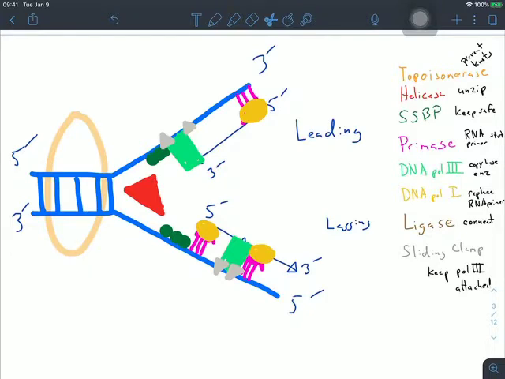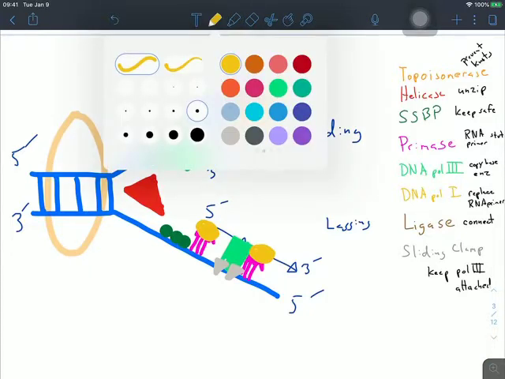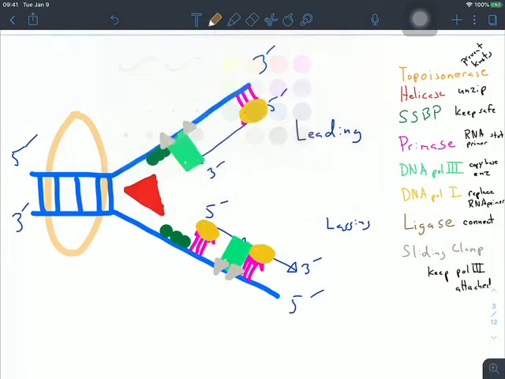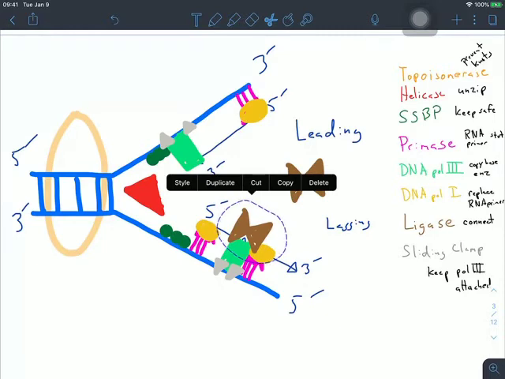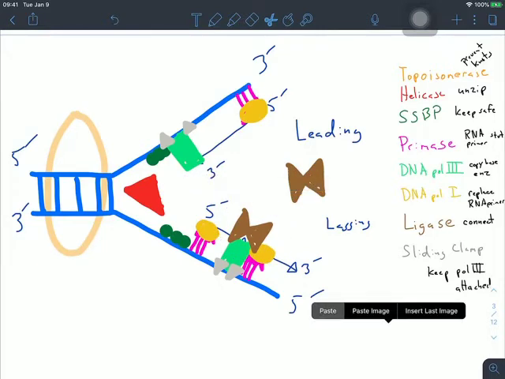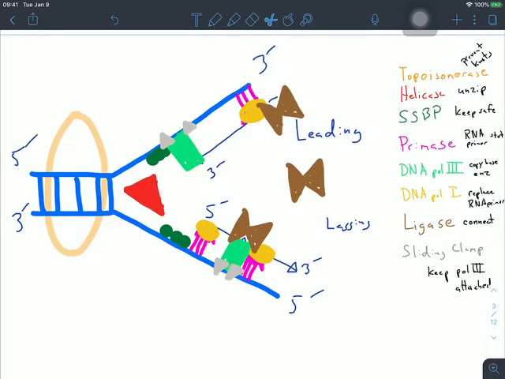But then after things are added, we then have DNA ligase, which is going to come in and stitch our two strands together. Whereas your DNA on the leading strand is just going to have one connection point where the break point was, your DNA on the lagging strand is going to have a lot more connections to be made.